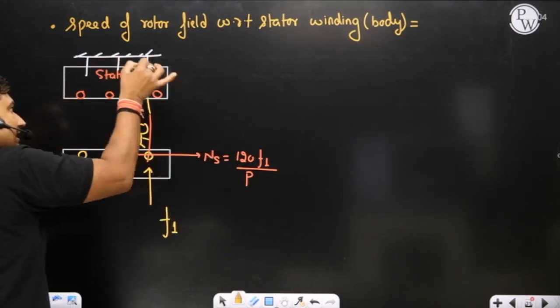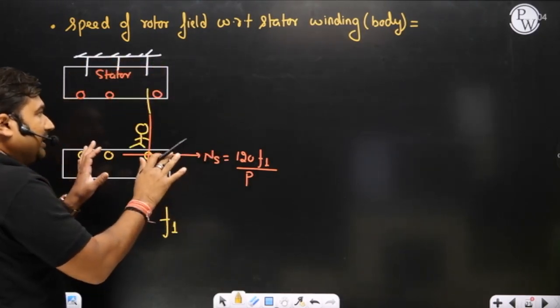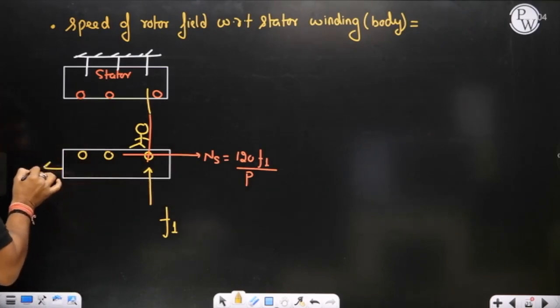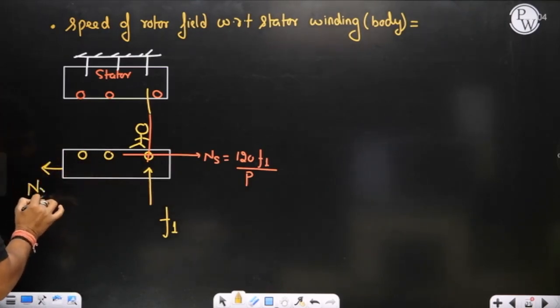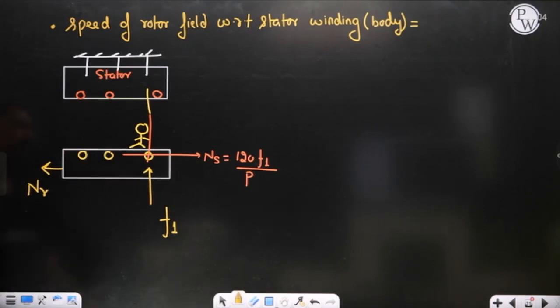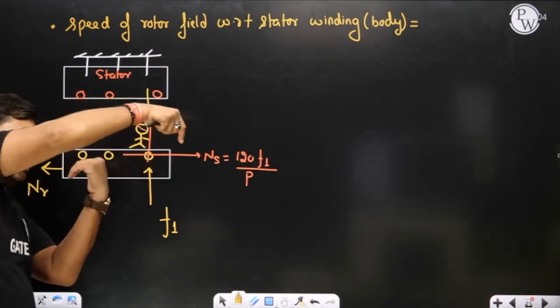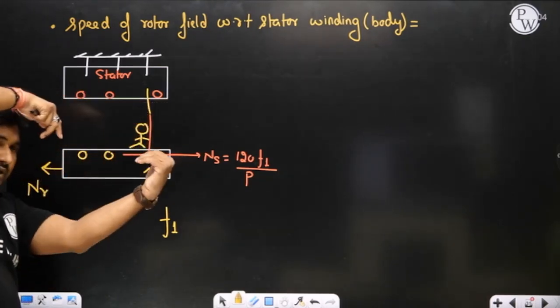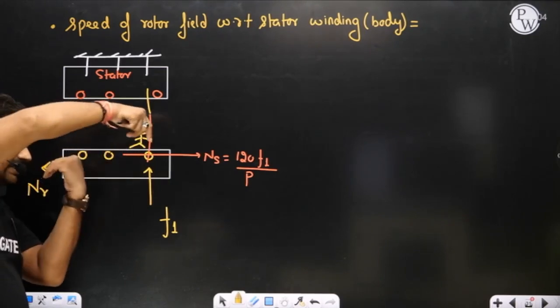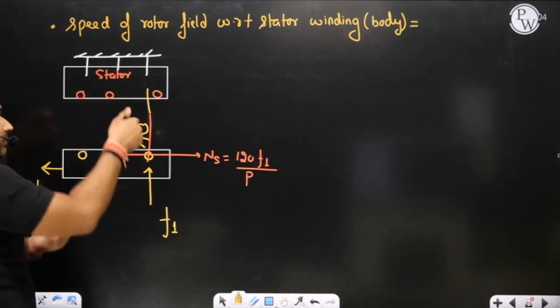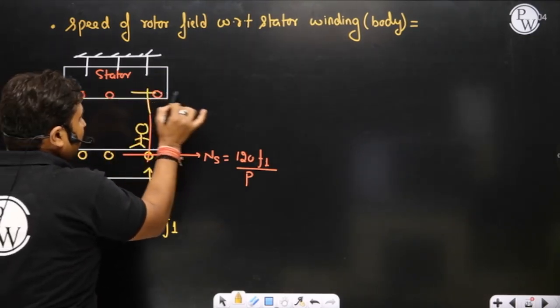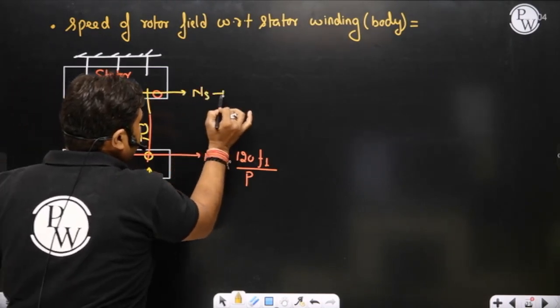But since the stator can't rotate but the rotor is free to rotate, the rotor will start rotating in the opposite direction at a speed of Nr. Now when the rotor is rotating and the rotor field is rotating in the direction opposite to the rotor movement, the relative speed between rotor field and stator winding will become Ns minus Nr.